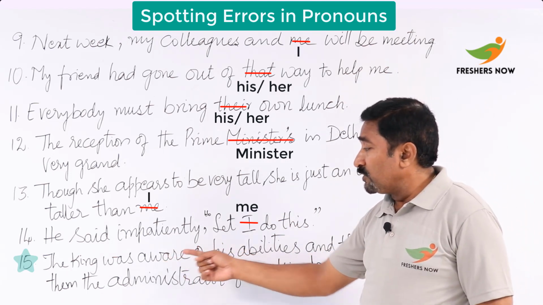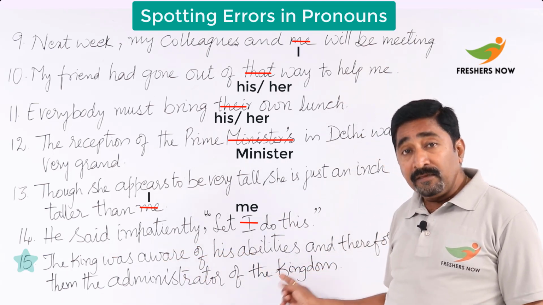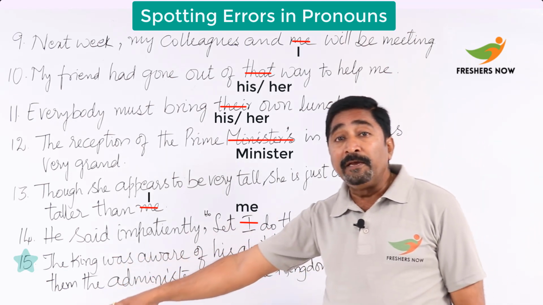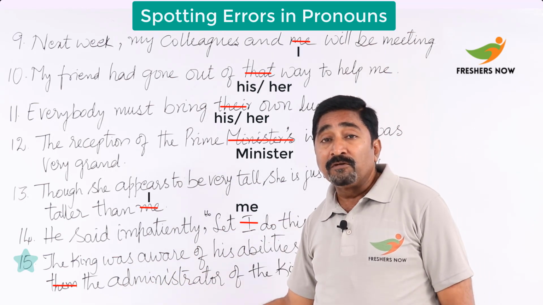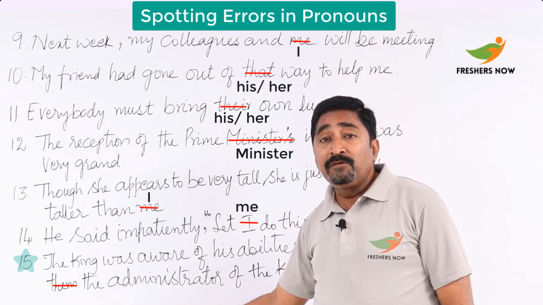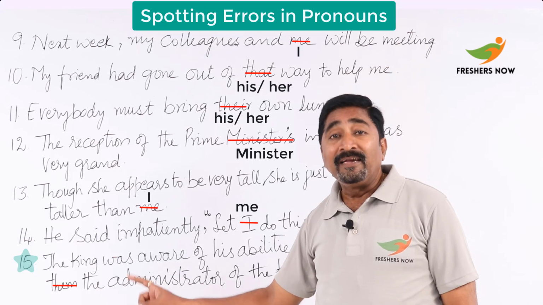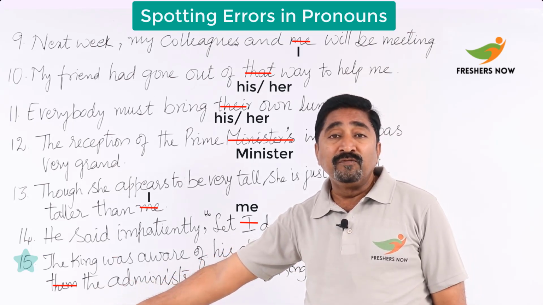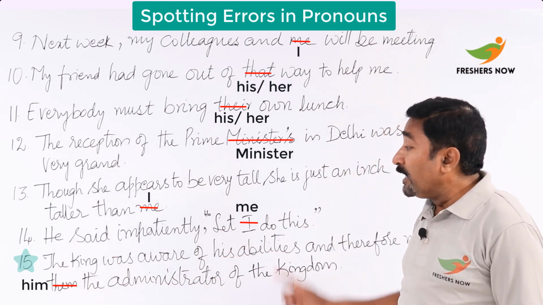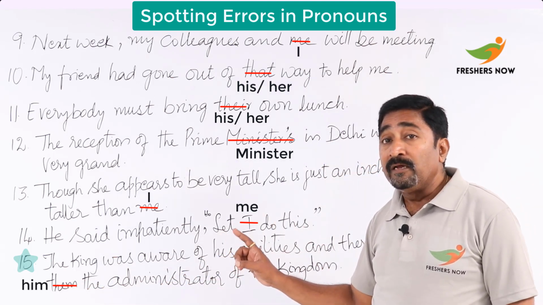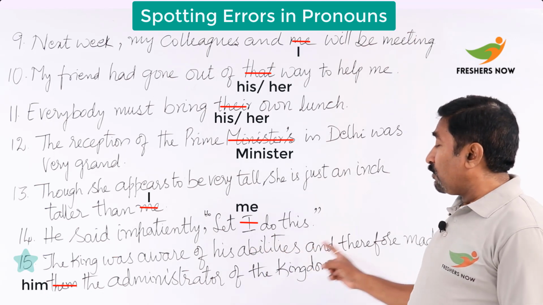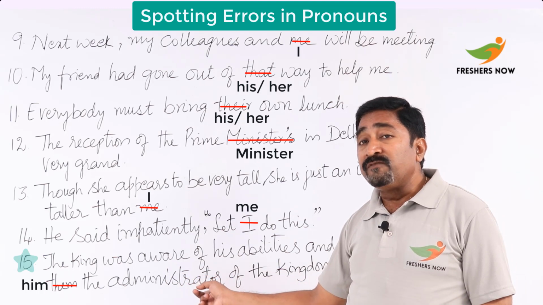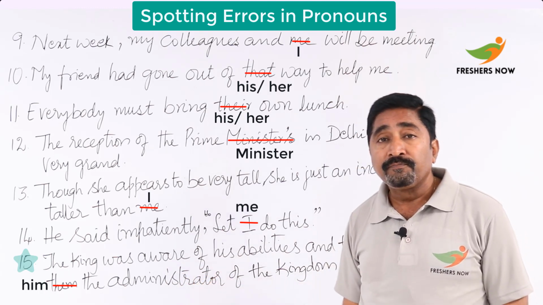The king was aware of his abilities and therefore made them the administrator. So the administrator is singular. As such, here the pronoun should be him. So the king was aware of his abilities and therefore made him the administrator of the kingdom.